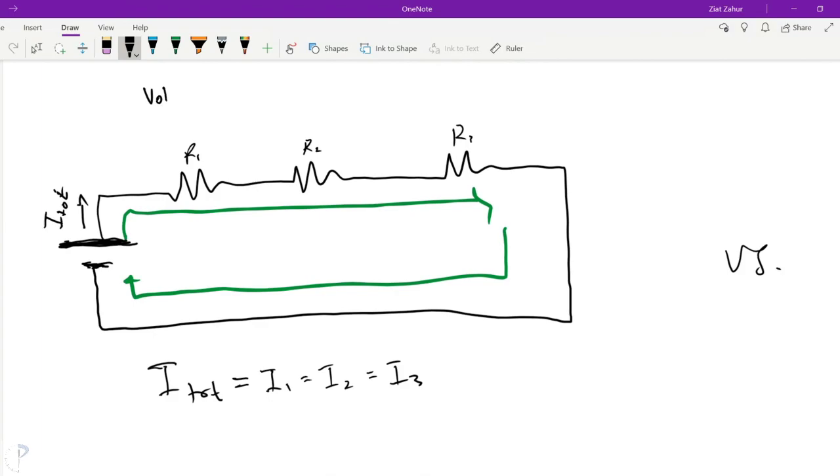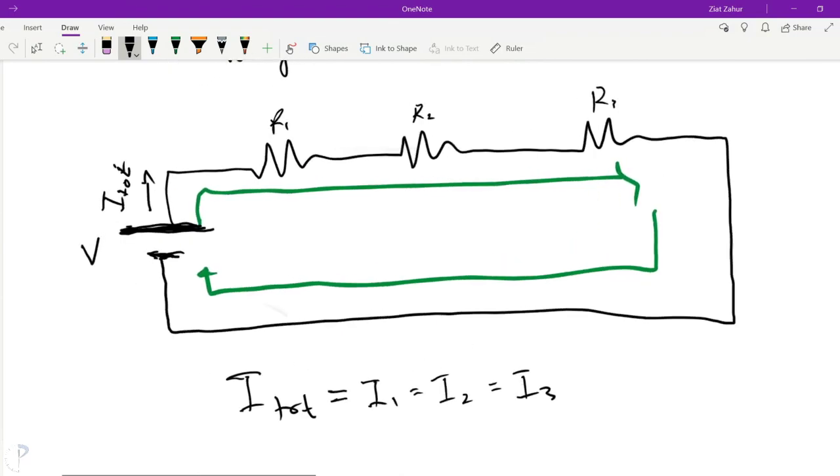Voltage drop happens across the resistor, not between resistors. It doesn't mean your voltage of the battery is changing. It means that whatever the battery voltage is, V, after gaining V by going through the battery, you're going to lose a little bit every time you go through a resistor, across it.